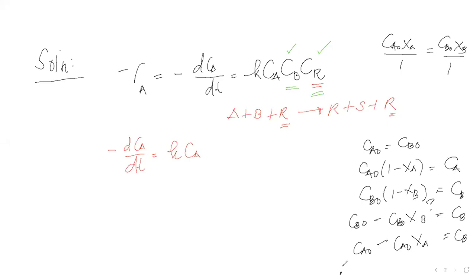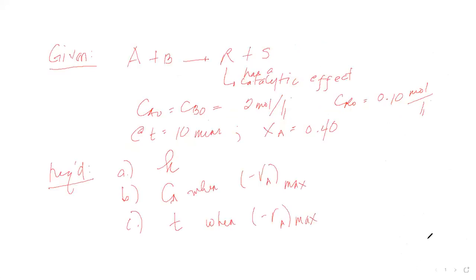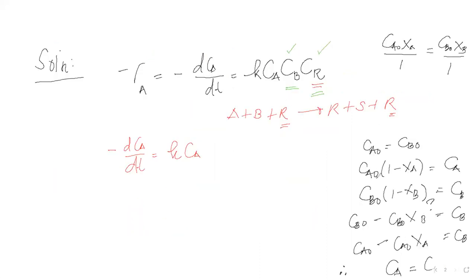So therefore, C sub B is equal to C sub A. So I will write here another C sub A. That's for the C sub B. So C sub B and C sub A are just the same.